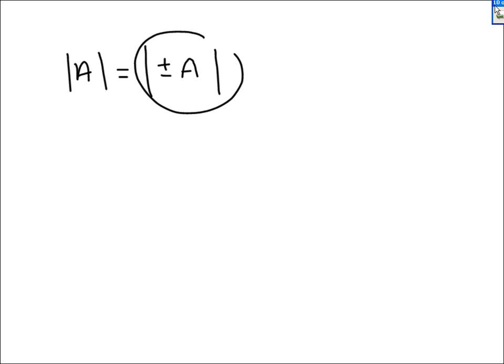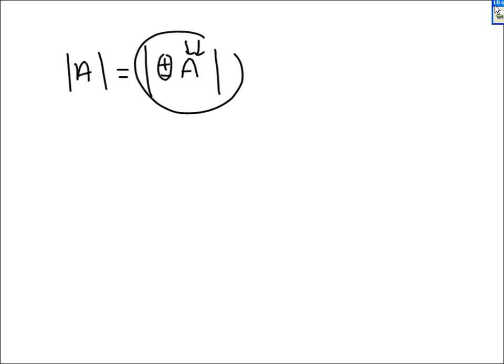Absolute value of one thing equals another. Either the two things are equal or they differ by a sign. All I'm saying is the absolute value of A is equal to the absolute value of B. It doesn't matter what the sign is, because when I take the absolute value, I look just at the number. I don't look at the signs.